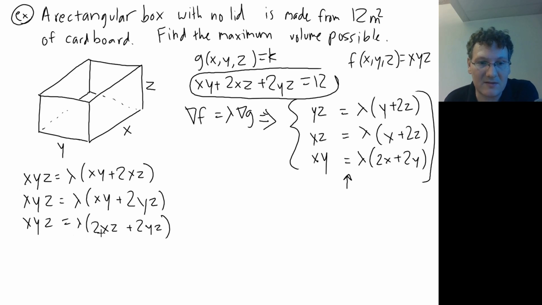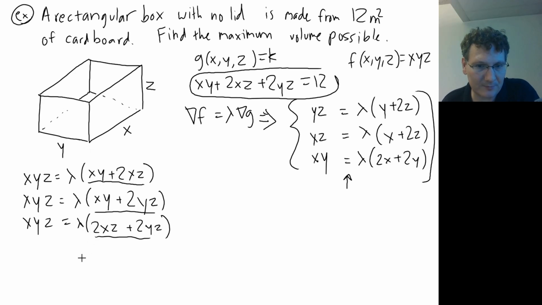Of course, it's not possible for lambda to be equal to 0, because if lambda was 0, then the volume of this box would be 0. So that's not the case. If lambda is not 0, then these would be equal as long as these factors are all equal to each other.